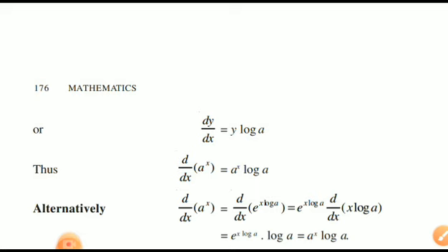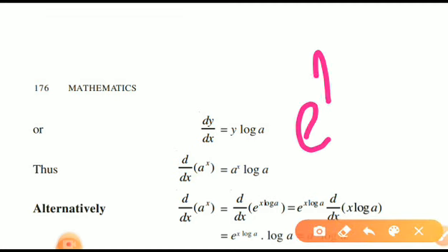Alternatively, they have written d by dx of a raised to x as e raised to log of a raised to x. Log and exponential are inverse, so these two get cancelled.